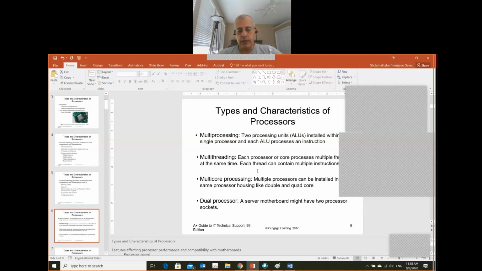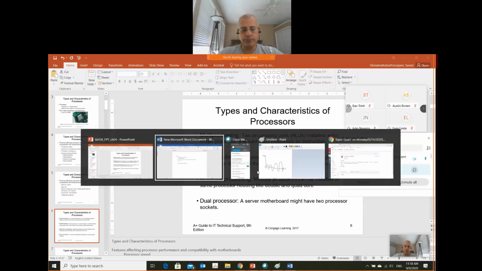To improve its performance capability, we can use one of these methods: multiprocessing. In multiprocessing, we need multiple processing units, ALUs, arithmetic logic units, within a single processor, and each ALU can process one process at a single time.